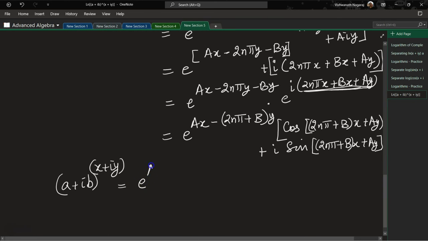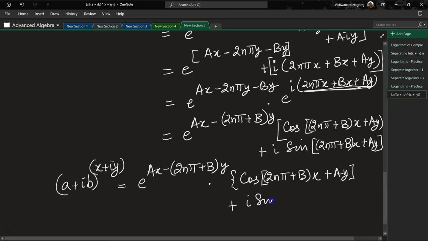E to the power of (Ax minus y(2n pi plus B)), and that is the end of the exponent, multiplied by cos(x(2n pi plus B) plus Ay) plus i sin(x(2n pi plus B) plus Ay).